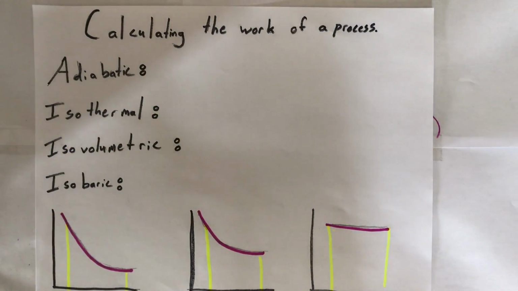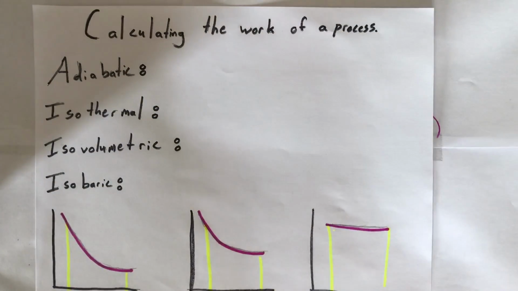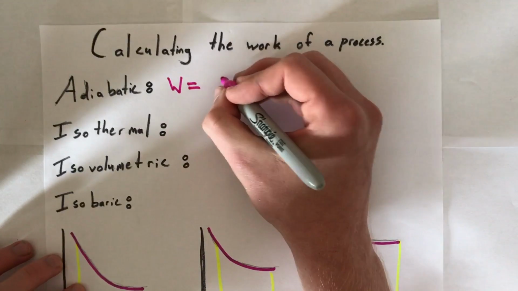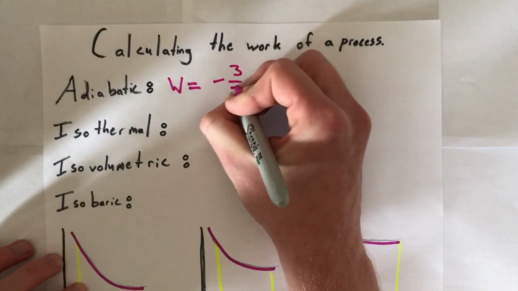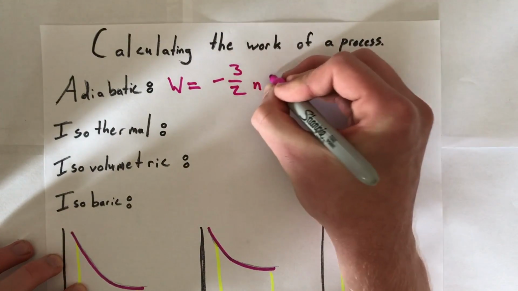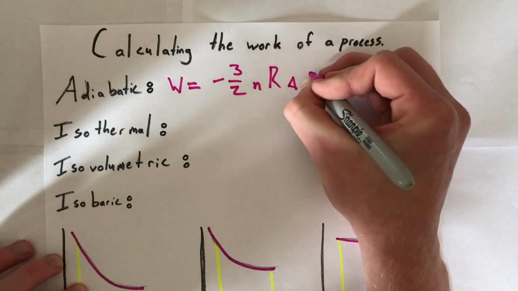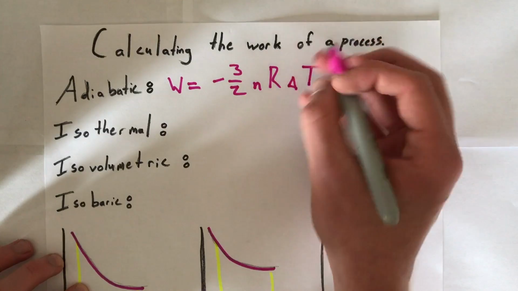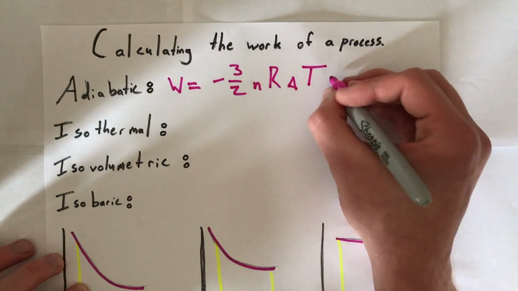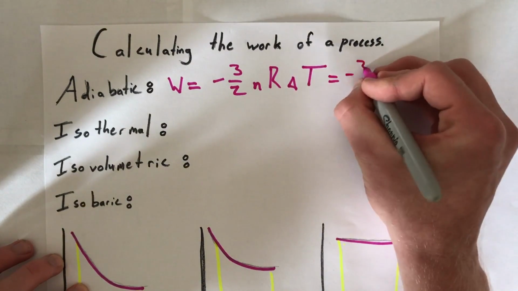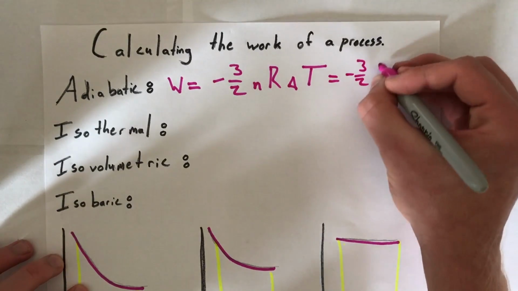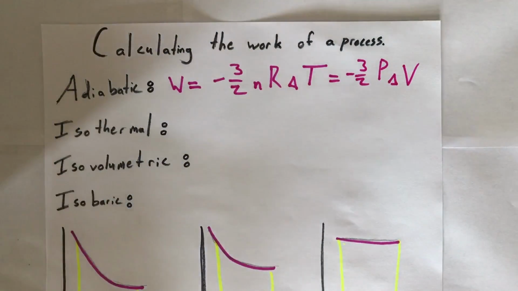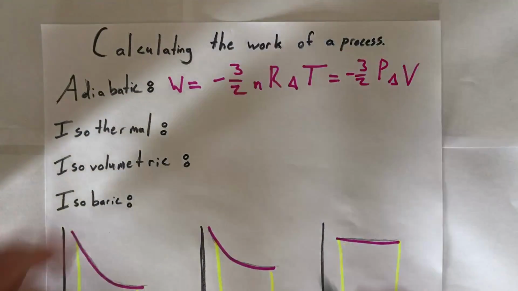So for your adiabatic processes, we will set work equal to negative 3/2 nR change in T. And we are able to simplify this because we have nR change in T is equal to negative 3/2 P change in V. And let me show you, just to make sure you understand what was happening there.